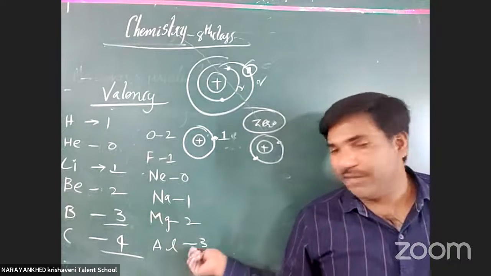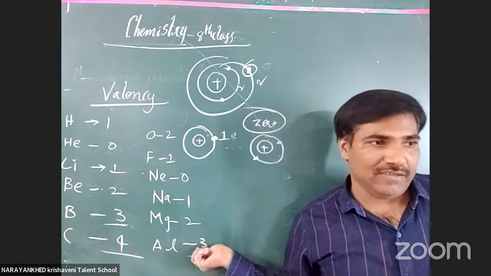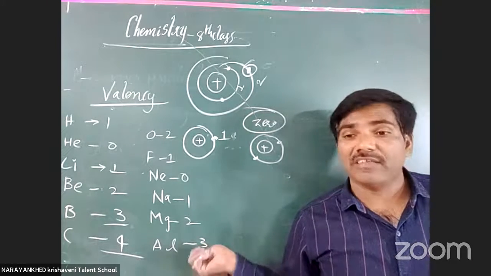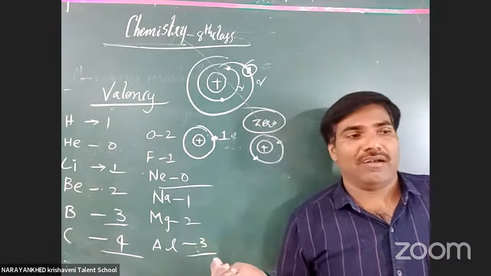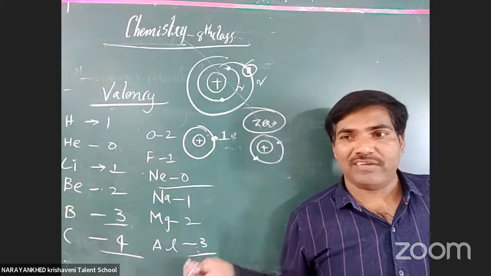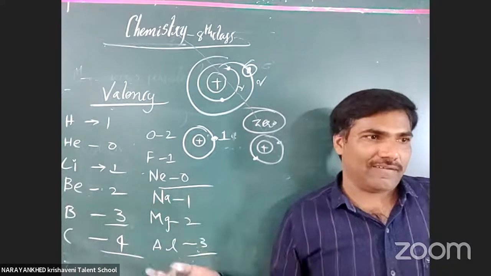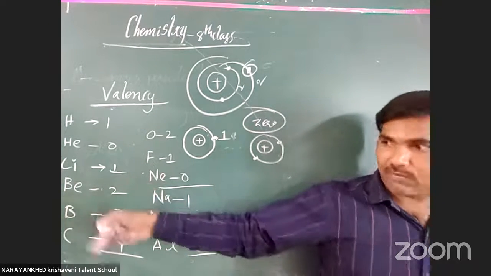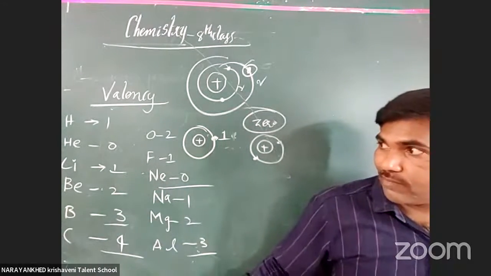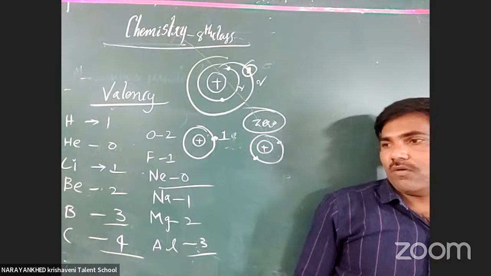Suppose you take aluminium. What is aluminium's valency? 3. Why do we call it 3? If it loses 3 electrons, it looks like neon. Understood? If it loses 3 electrons, it becomes neon. Got it?